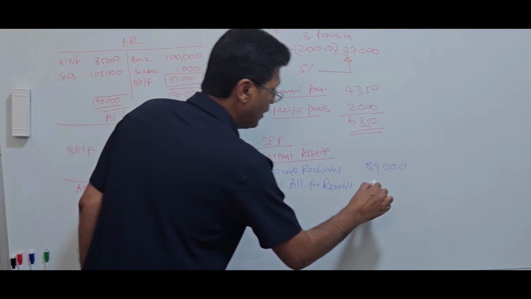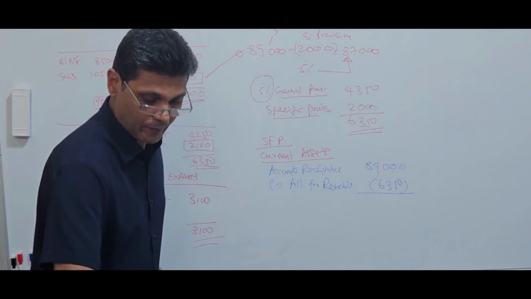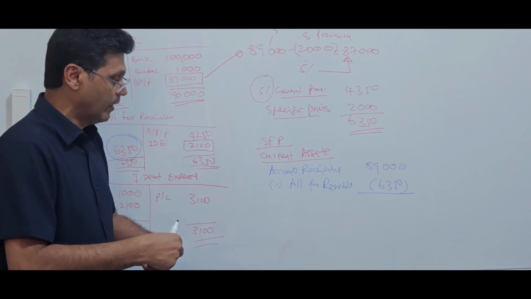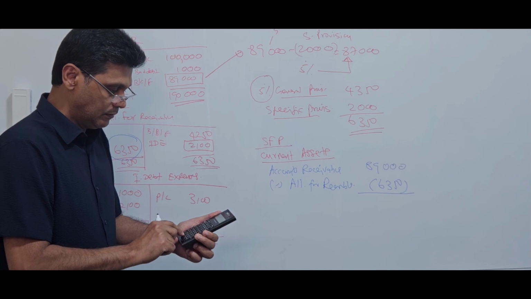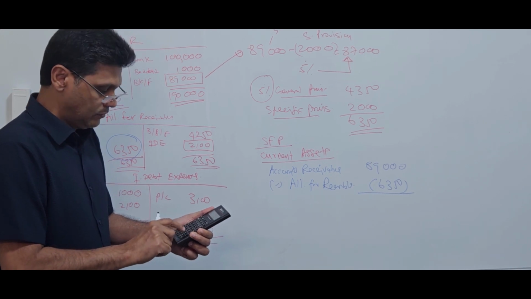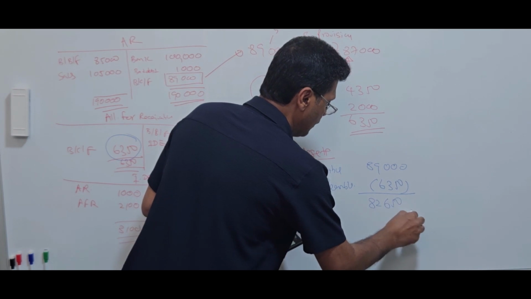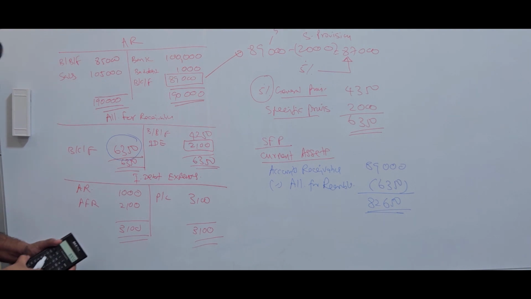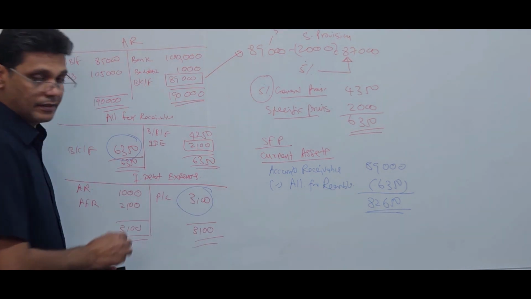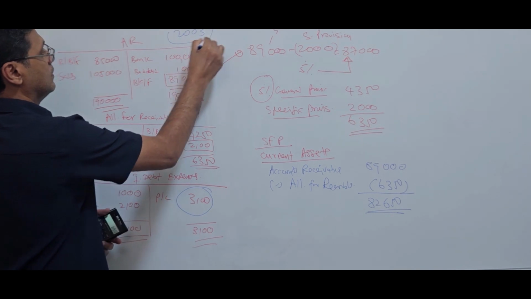Okay, so you deduct 6,350 and show the difference. How much is that in the statement of financial position? So your 89,000 minus 6,350, how much? 82,650 will be your net receivable in the balance sheet, and the P&L account we will be charging 3,100 in the 2003 year, third year.